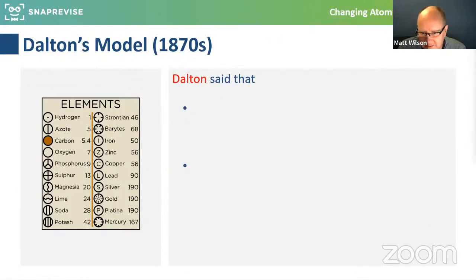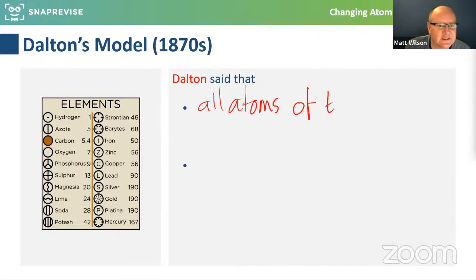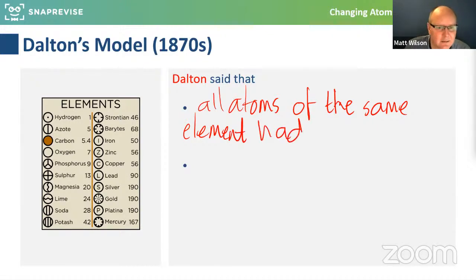And then Dalton's model in the 1870s. Dalton came up with the idea that atoms had unique properties, and that atoms of a particular element would all be the same. They would all have the same properties. So the first thing Dalton said was that all atoms of the same element, this idea of elements, had the same properties.